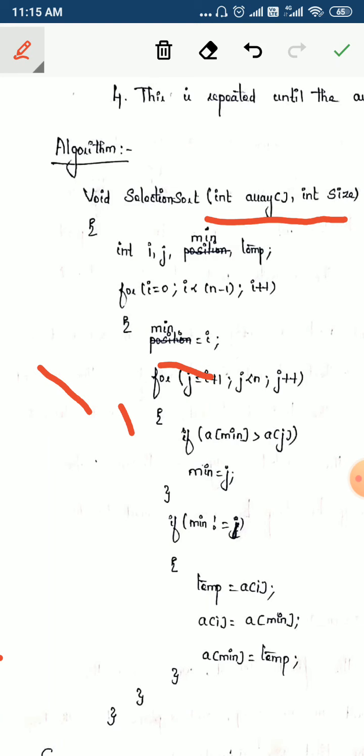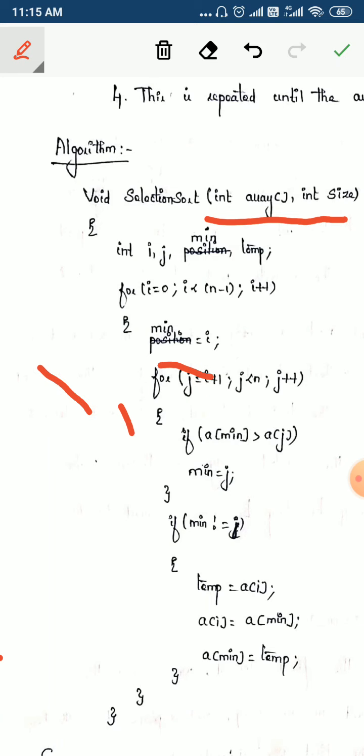We check if a of min, the element at the index pointed by min, is greater than a of j, then we are going to modify the min position index as the j index. Similarly it goes on.